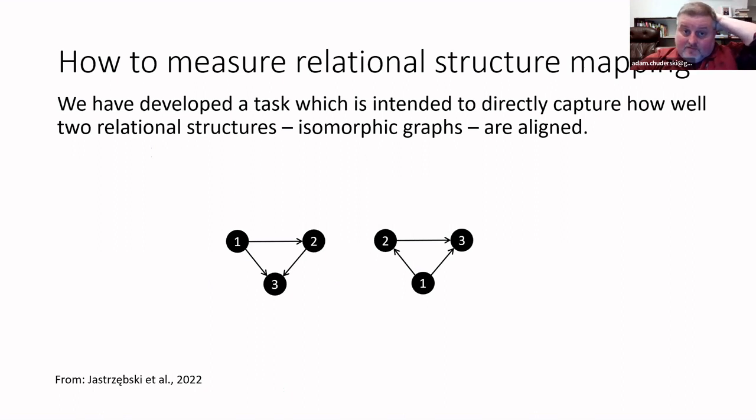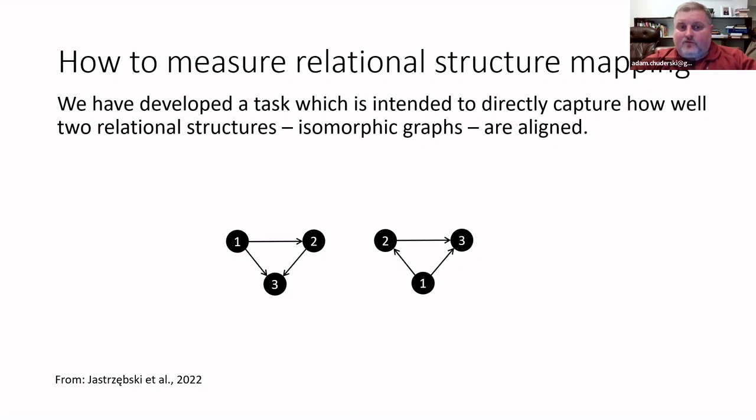So the last study, very shortly. Okay, so if processing relations is so important for complex cognition, as we assume, perhaps we can somehow capture the efficiency of this process. So Jan Jastrzębski from our team developed, I think, a very clever task to measure the effectiveness of relational structure mapping.